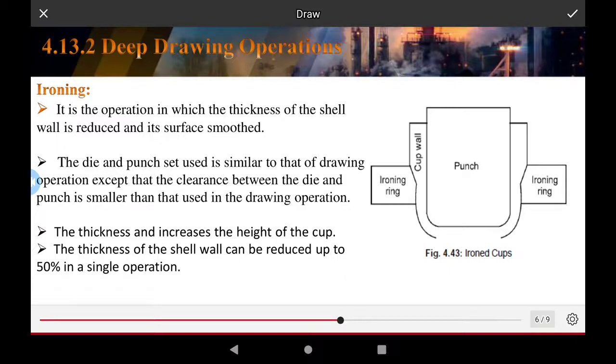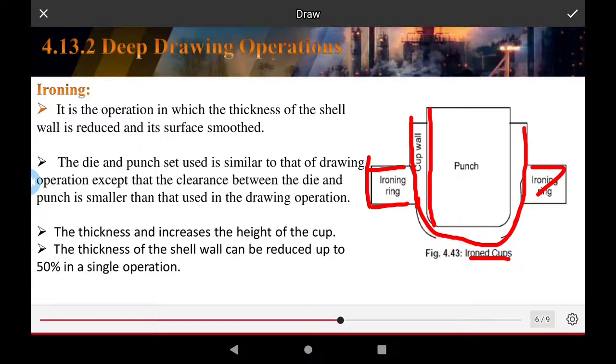This is the ironing ring. This is the metal of the cup wall. This is the workpiece, the cup wall.